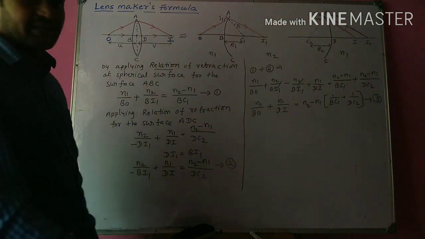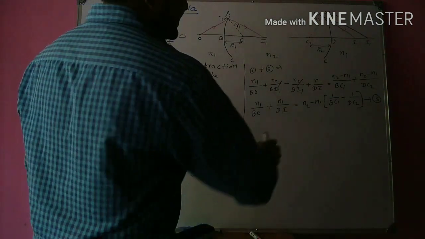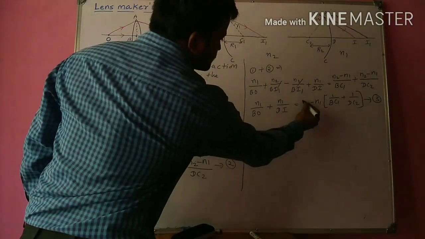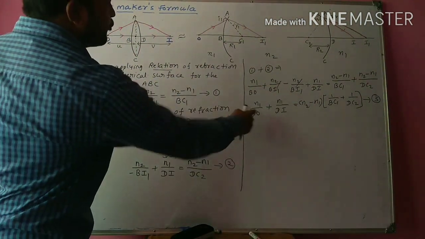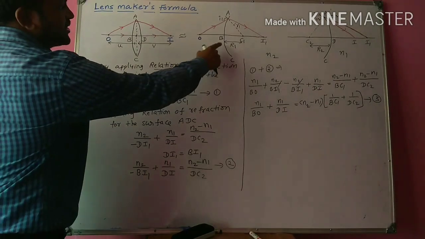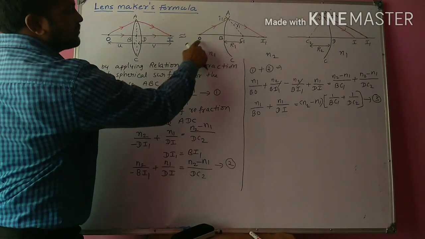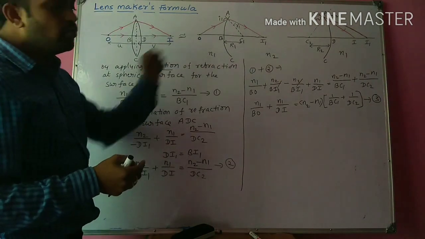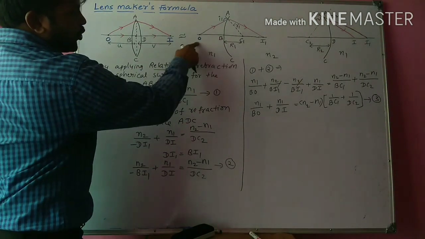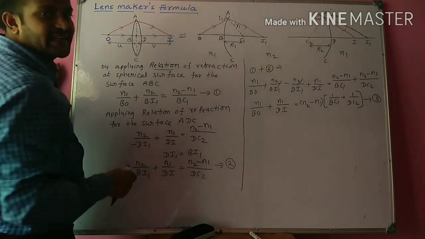Now let us take these values from the figure and substitute them with the sign convention. BO means from B to O, the object. It is called the object distance, denoted by U. It is measured from B to O in the opposite direction of incident light, so it is taken as negative.